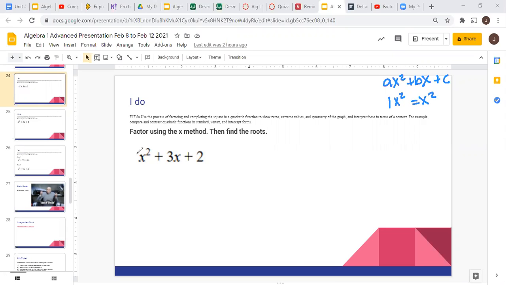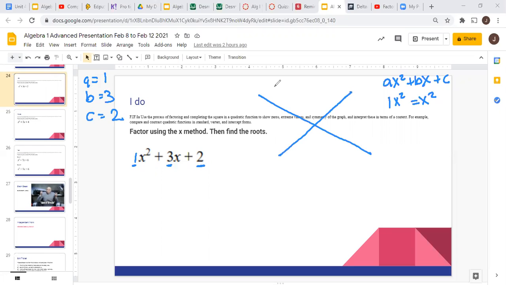So let's just take a look here. So our a is 1, okay? Our b is 3, and our c is 2. So let's just list that out. a is equal to 1, right? Our b is equal to 3, and our c is equal to 2. Okay, so now we're going to put in the x here.